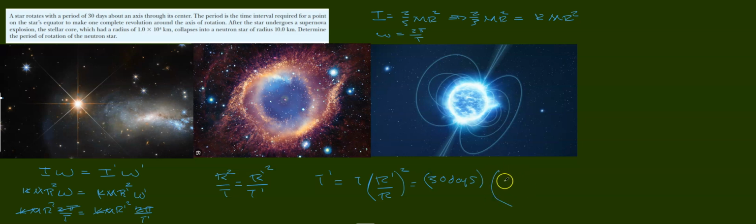The ratio of the radii, we are left with just 10 kilometers, but we started with 10 to the 4 kilometers, and this is squared. So this is going to give us 3 times 10 to the minus 5 days, which is around 2.6 seconds. So yes, neutron stars spin super fast.